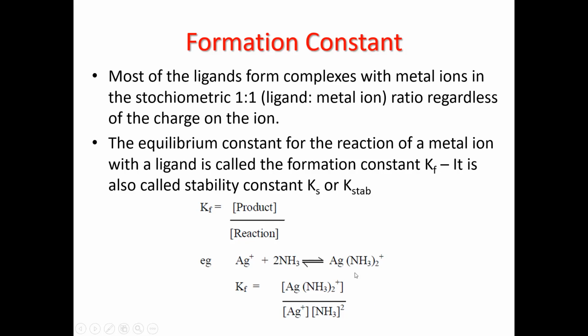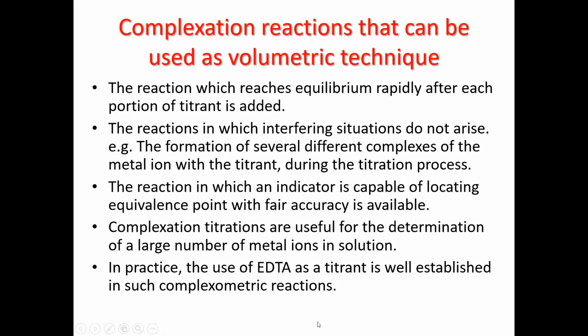So here we have our reactant, silver ion, complexing with ammonia, which is a monodentate ligand, to form a silver ammonia complex. And the formation constant will be the concentration of the product divided by the concentration of the reactants, which are the silver ion and the ammonia molecule.